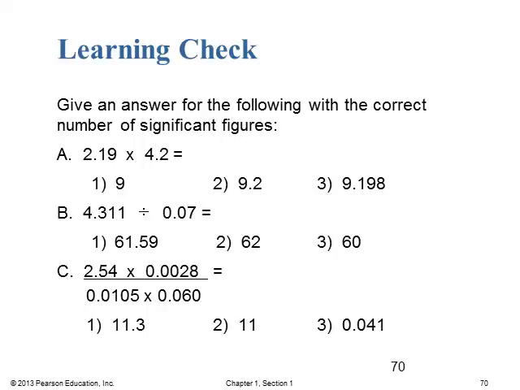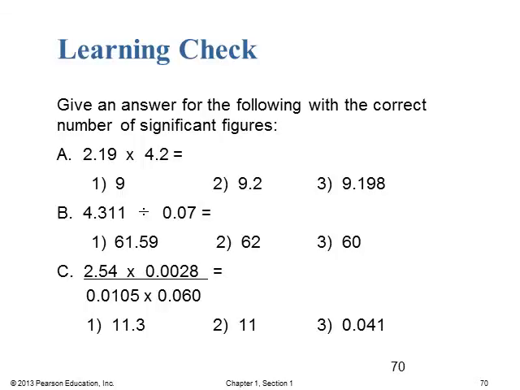So we have 2.19 times 4.2, so 2.19 has 3 significant figures, 4.2 has 2. So our final answer is only allowed to have 2 significant figures. All right, and so that would leave us with 9.1, and chopping off the 9 and the 8. And since the first digit that we're chopping off is a 9, that's greater than 5, so we have to round up.